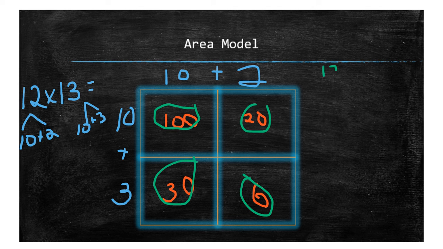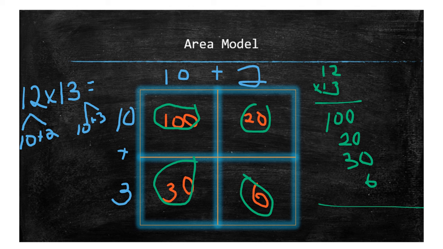So 12 times 13 is going to give us 100 plus 20 plus 30 plus 6. And here we're able to do some mental math to figure out our answer.